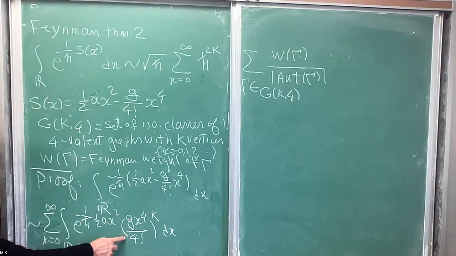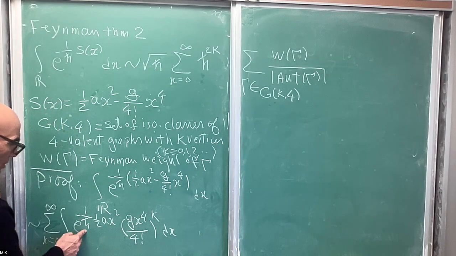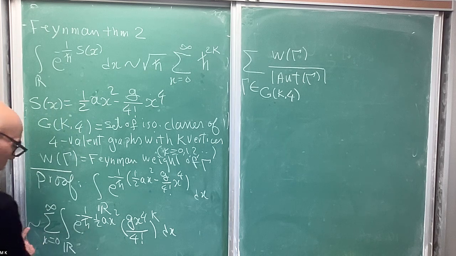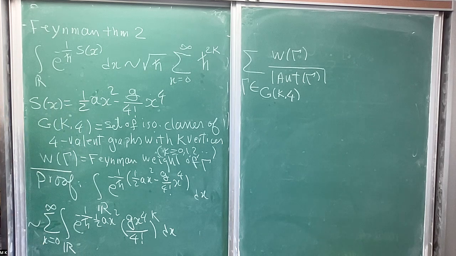So this polynomial is multiplied by this exponential, and this is the asymptotic expansion like that.